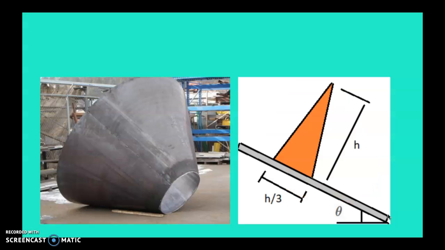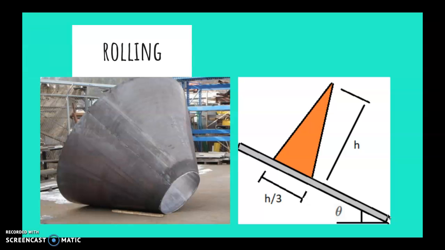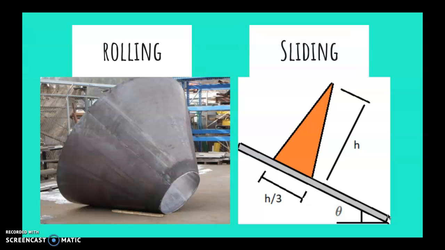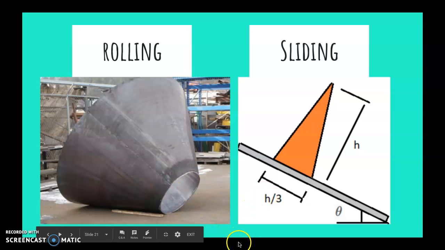All right, we're going to show you some rolling and some sliding. This is shaped just like a cone here. Normally it would have a little point here.